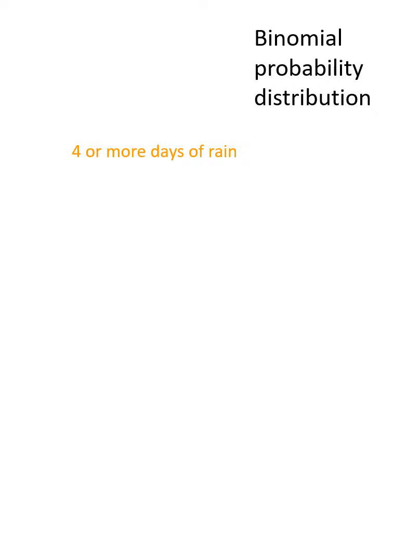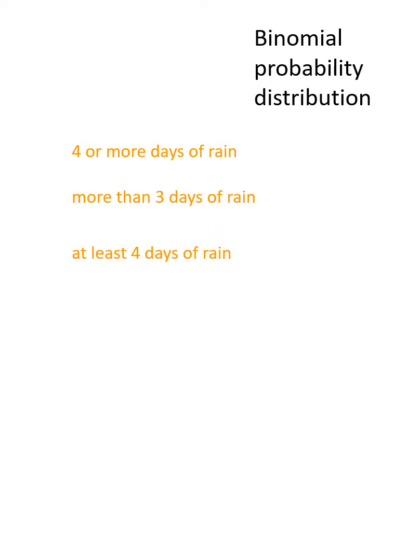In the same vein, a few minutes ago, we did a problem where they asked us for the probability of 4 or more days of rain. Would you have recognized that as the same as more than 3? After all, if every day is either rainy or it's not, then more than 3 days is the same as 4 or more days.